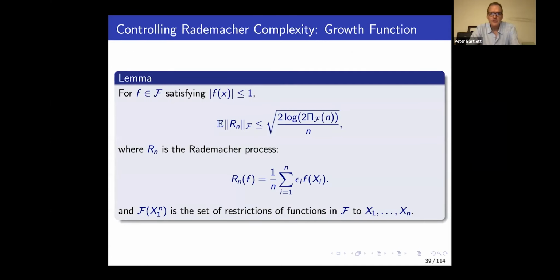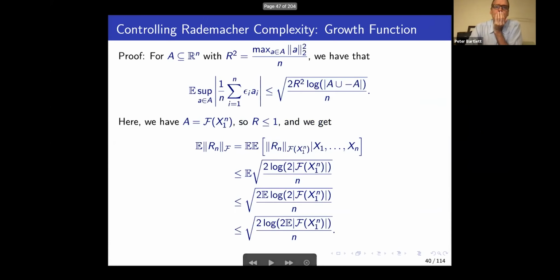Why is that true? Let me say a little bit about this. It's relying on a result that says, if we have a set in R^n, so this set is going to be restrictions of our functions to endpoints, if we have a set in R^n that has a sort of diameter, it's the maximum squared norm of elements of that set.